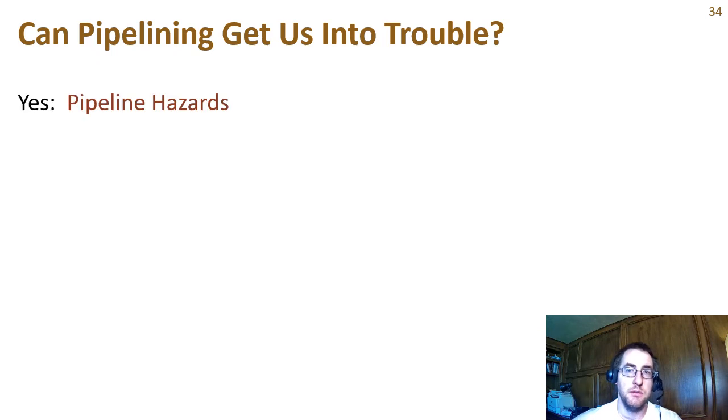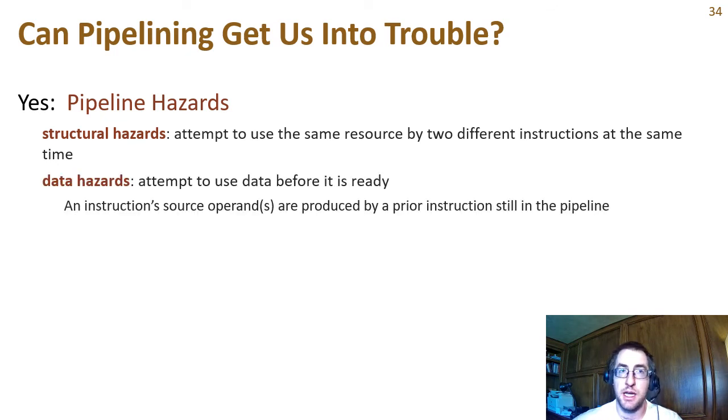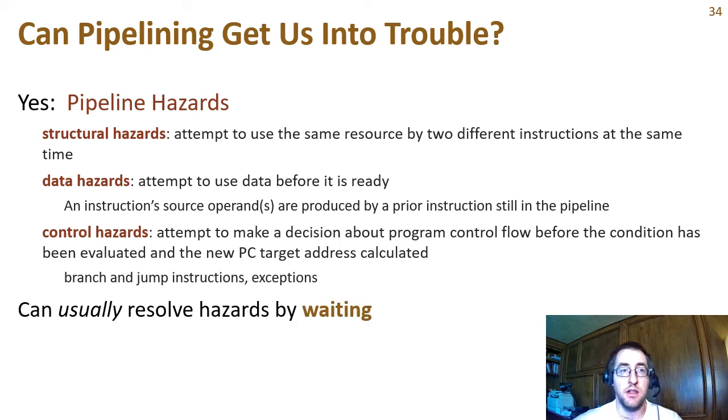So these are called pipeline hazards. They're structural hazards, which try to use the same resource for two different instructions at the same time. Data hazards are that last example where you try to use data before it's actually available. And then control hazards, which are control flow problems where you have to make a decision about the program control flow before the condition has actually been evaluated, and you jump or branch and you have instructions that follow.